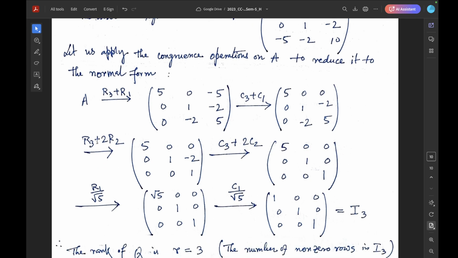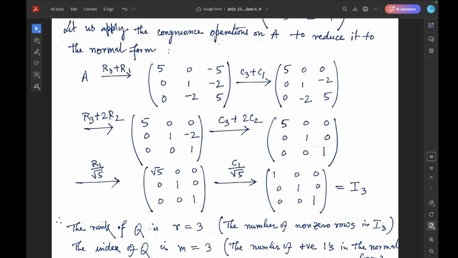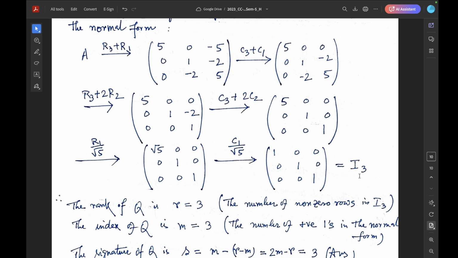Next operation R3 plus 2R2, then C3 plus 2C2. Next operation R1 by root 5 and C1 by root 5, so this is the identity matrix I3.